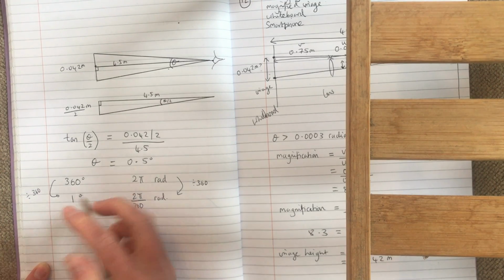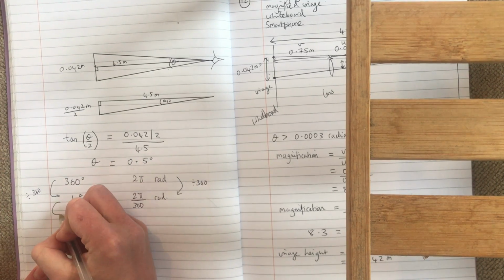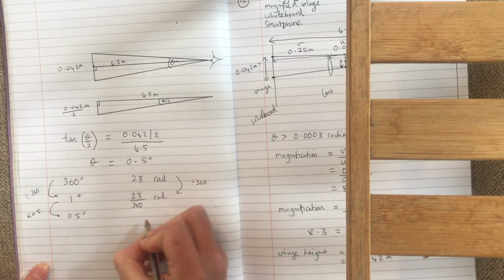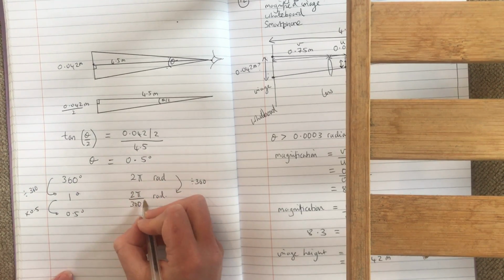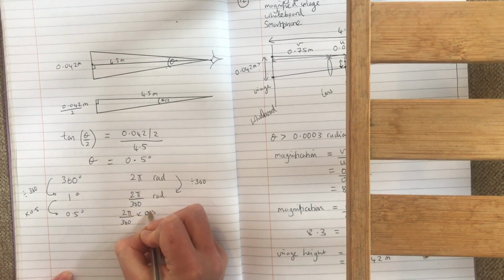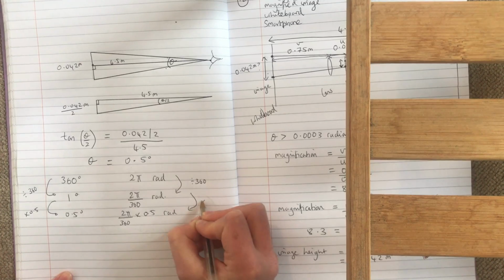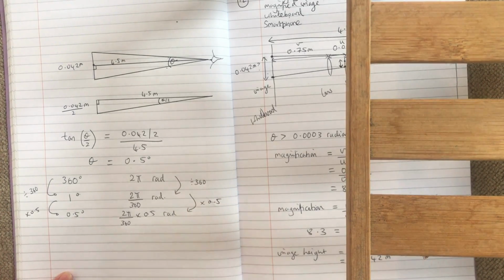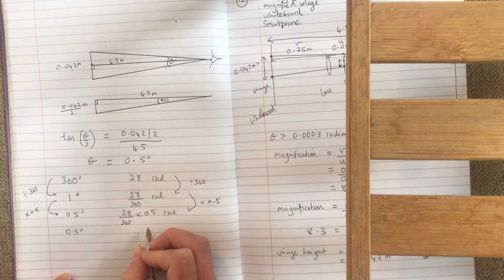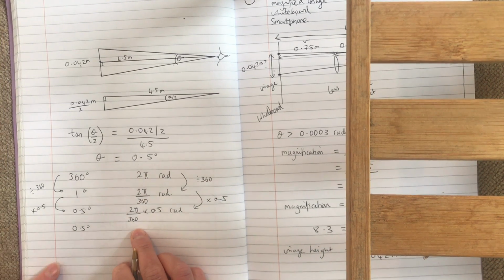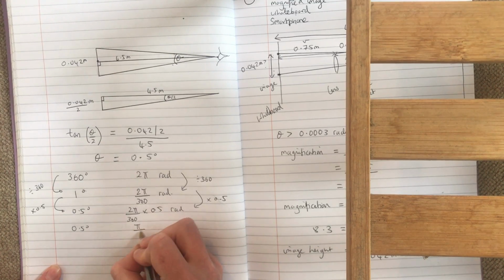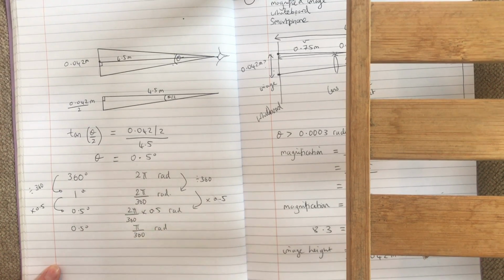But I've got 0.5 degrees, so multiplying by 0.5, 0.5 degrees is equal to 2 pi divided by 360 times 0.5 radians, which means 0.5 degrees is equal to pi over 360 radians.